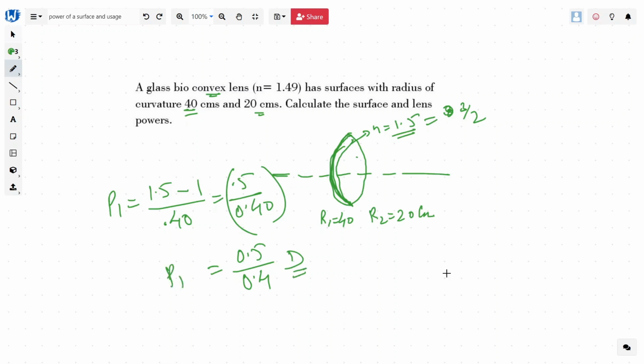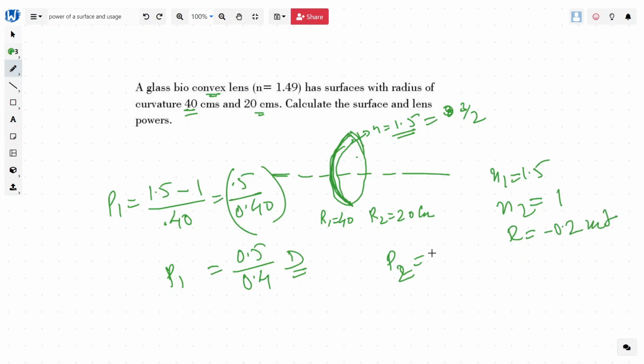This is our P1, and the P2 will be again here. Now N1 is 1.5 and N2 on the other side is 1. It's a reverse one. And then R2 is on the negative side, so it is minus 0.2 meters.